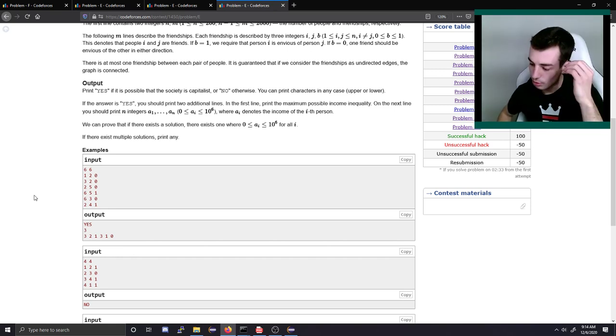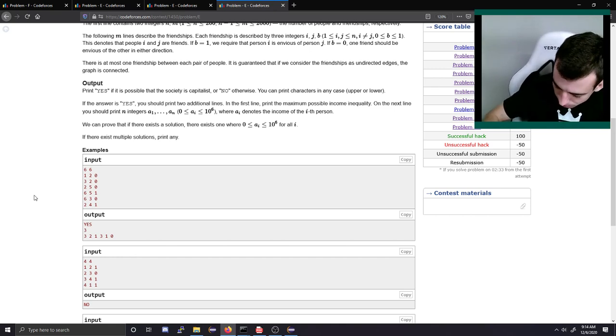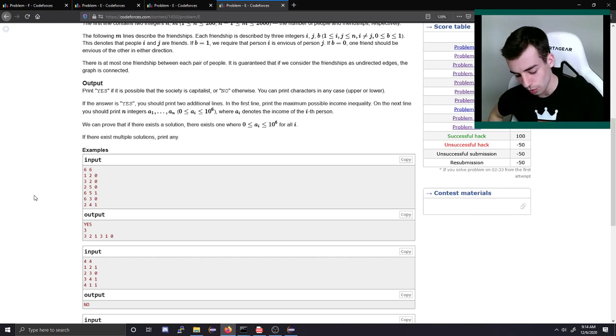Or wait, no, we want to decrease it. So they go from out to in. So initially we just pick an edge, or just pick a node that's wrong, and now we expand the set as long as we need to.